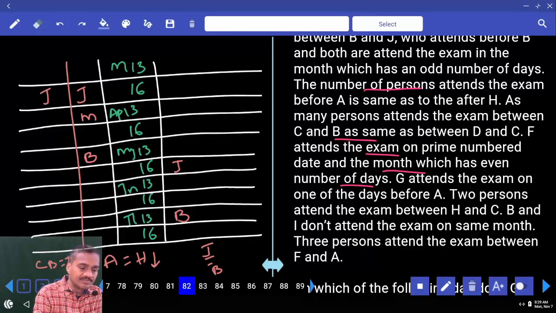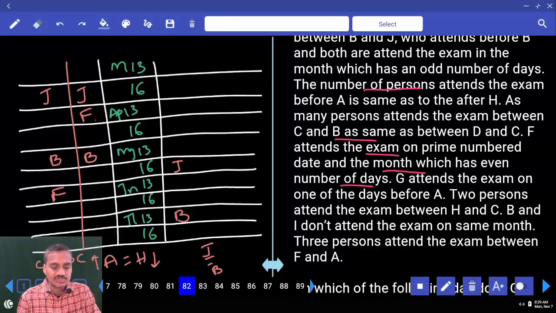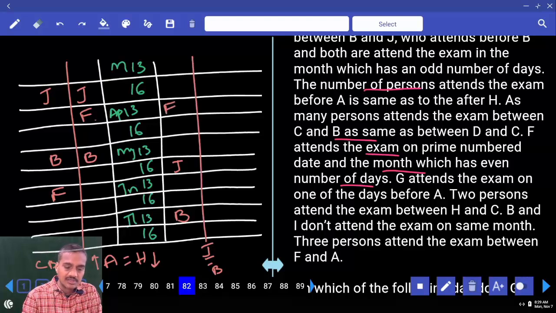Even number days and a prime number date. Now F can be here as well, on April 13th, or F can be here. So depending on that, it is possible. And coming back to this one, either in the month of April 13 or June 13, so J is here, and B is at this place.